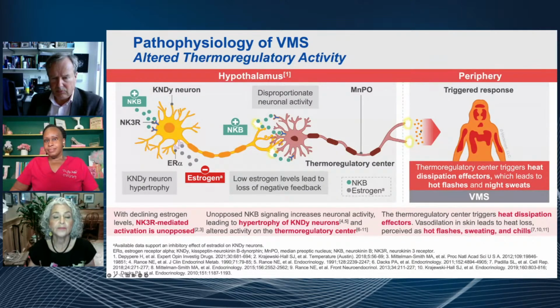And the periphery, and the rest of the body and the blood vessels get triggered, and they have a sensation of heat. And heat dissipation is the way we always do it. We sweat, our blood vessels open up, but these are very sudden and severe. So that leads to the hot flashes and the night sweats.